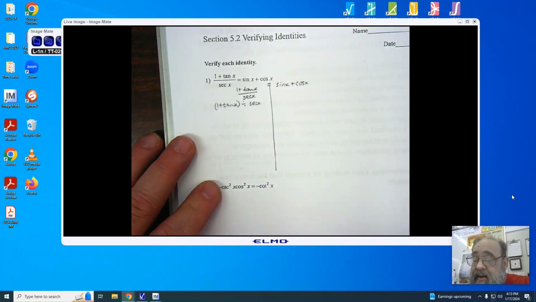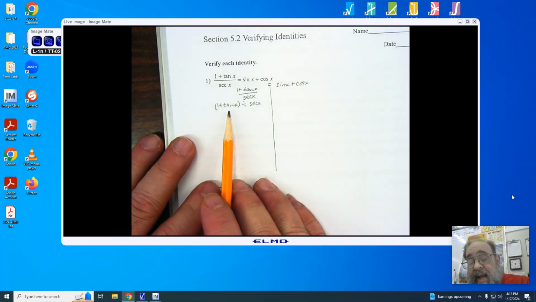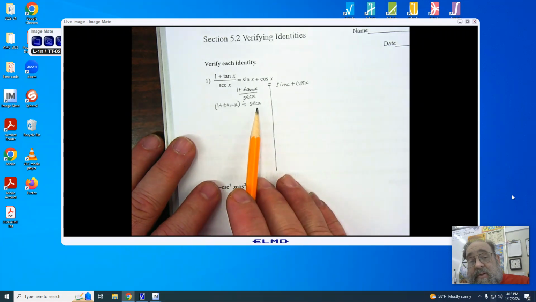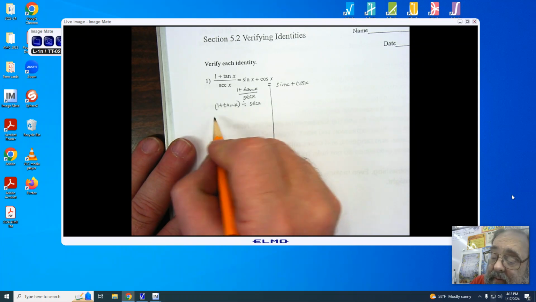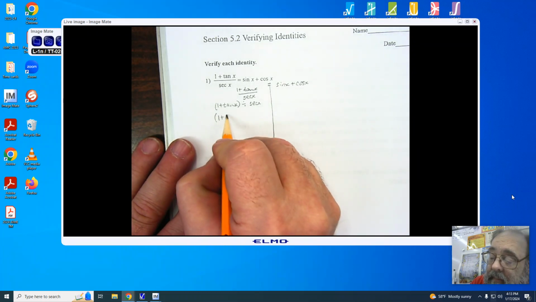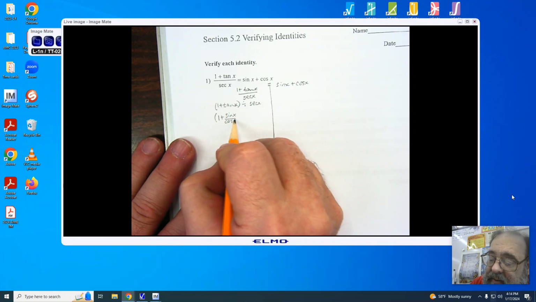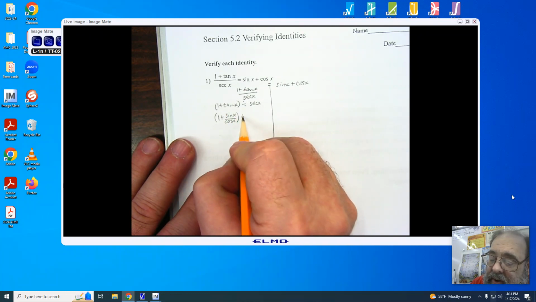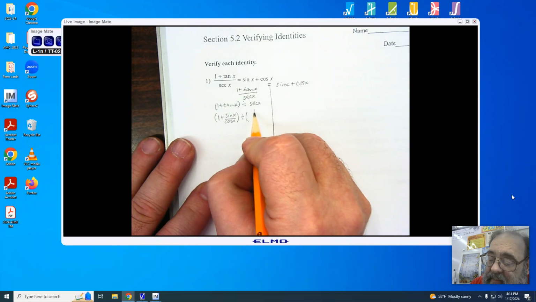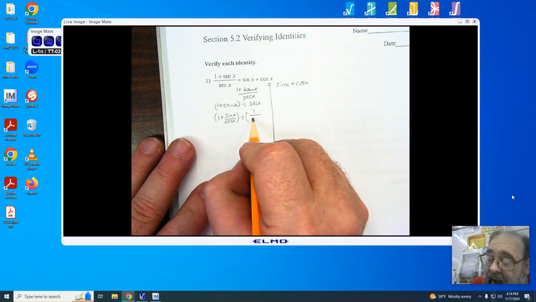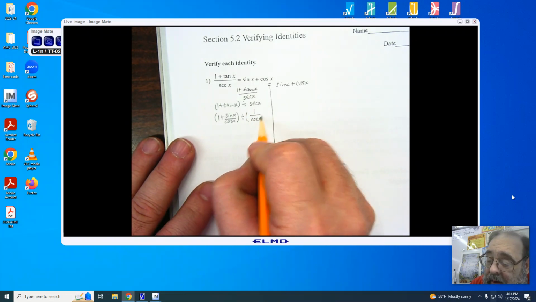Now, once I have this, I'm going to change the tangent x into sine over cosine, and I'm going to change the secant x into its identity, 1 over cosine x. It requires practice for you to get used to these things, but sometimes it's just easier to always convert it into terms of sine and cosine if you have no idea what to do.